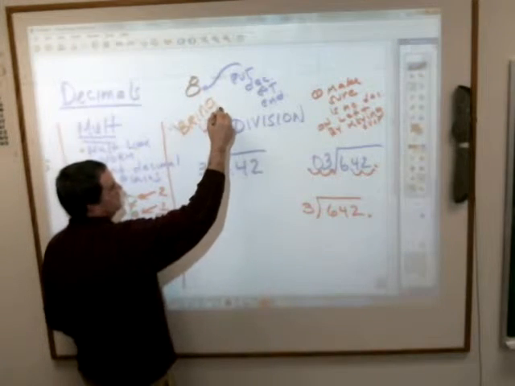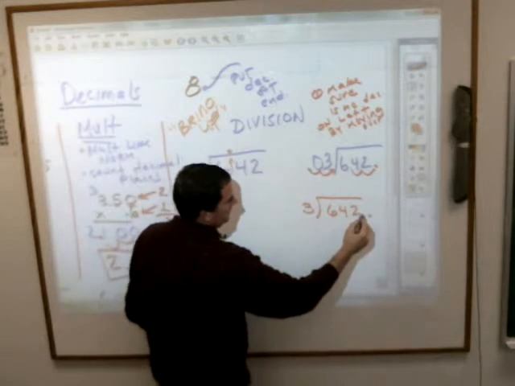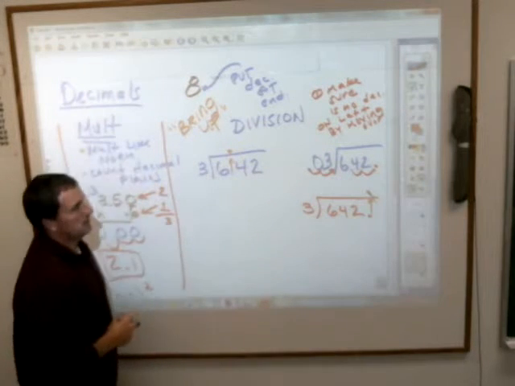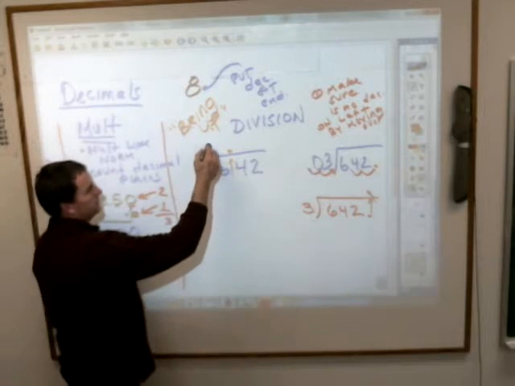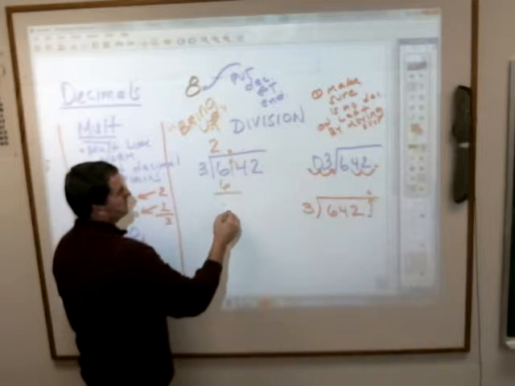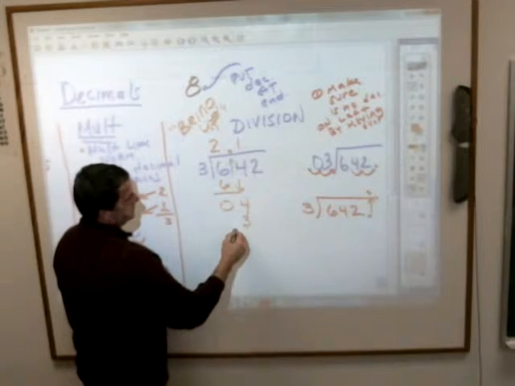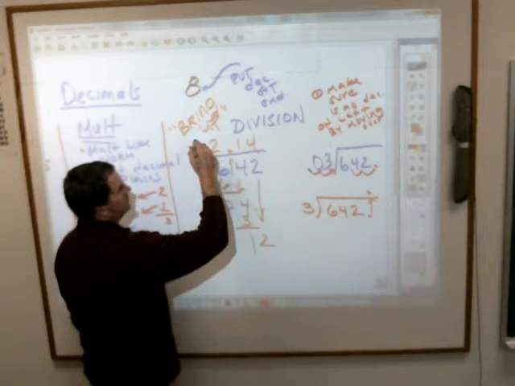In other words, right where it's at here is going to be right where it is in your answer. And then it's divide like usual. 3 goes into 6 twice. 3 goes into 4 once. 3 goes into 12 4 times.